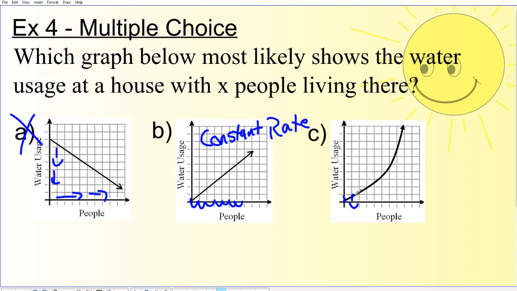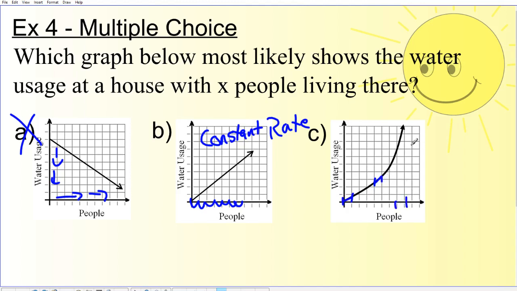The next person you add, it's a little bit more steep. The next person you add, it's even more steep. So this person right here, look at the slope of this. It's a lot bigger. So the slope of this person is more steep than the slope of that person. So their water use is a lot faster.